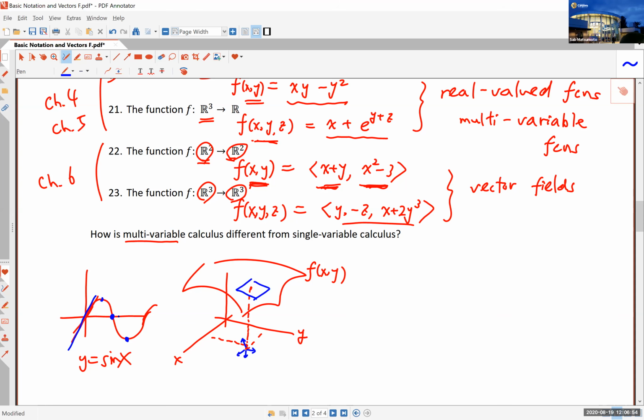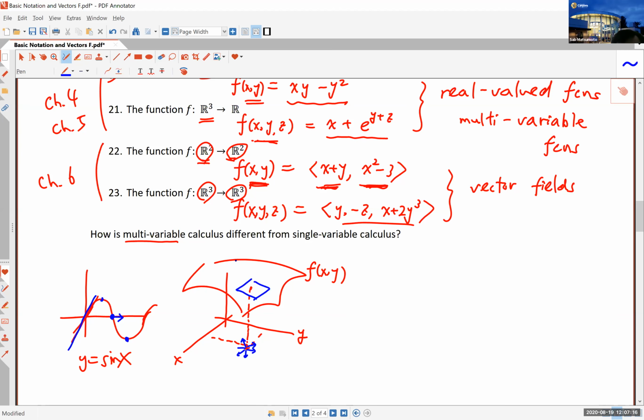See, here, you only had one way of going because x only increases. Well, you can make x go up or down, but it's still one-dimensional movement. Here, you have a two-dimensional movement. You can go in any direction you want, right? So the idea of the derivative sort of changes. Now we'll talk about the idea called the directional derivative.